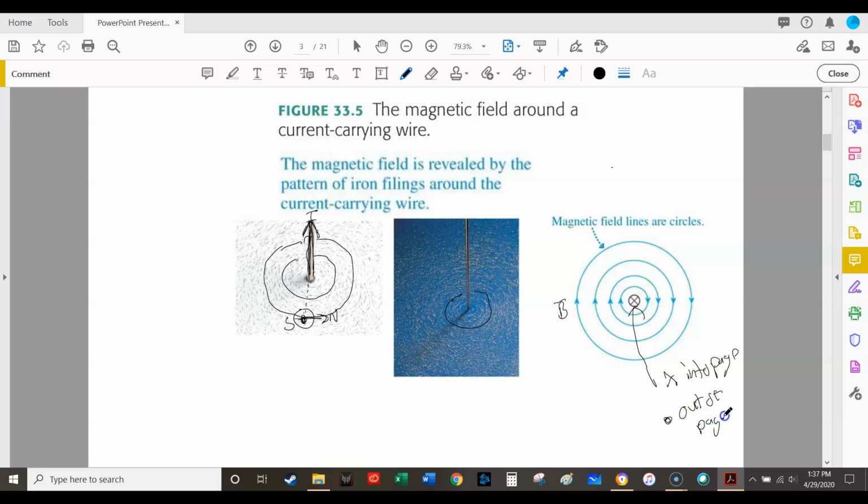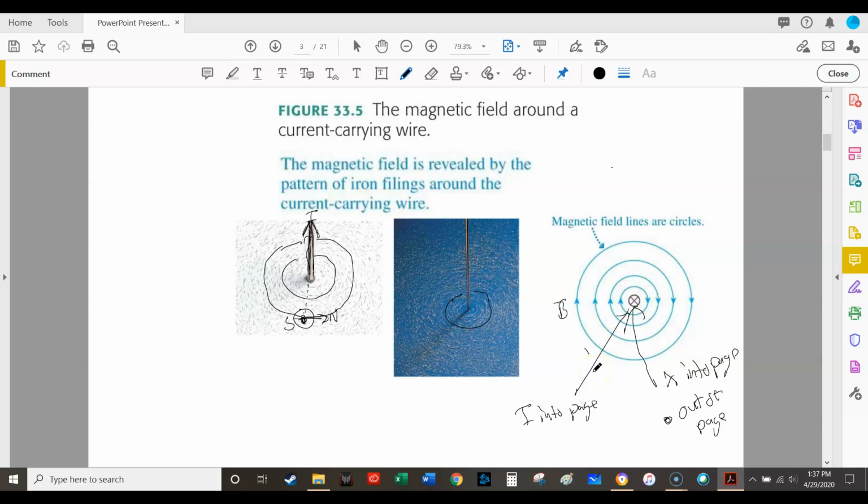So that X, where the wire is, means the current is into the page. So when the current is into the page, you get this clockwise pointed magnetic field.